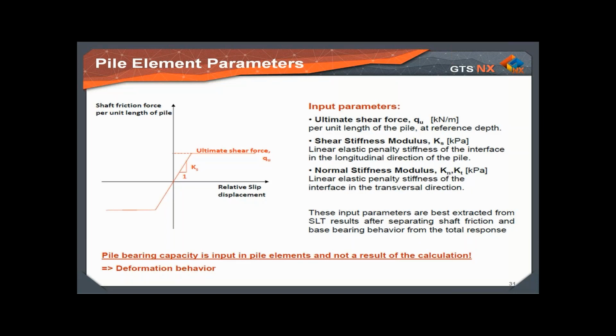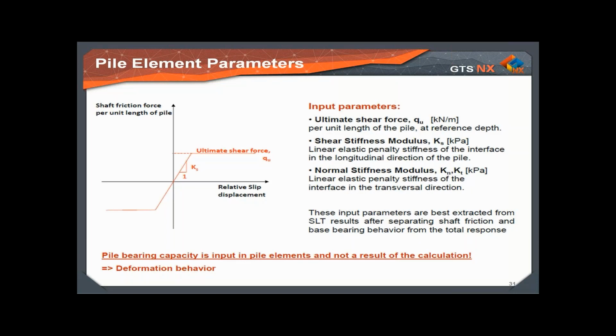Stiffnesses are actually linear elastic penalty stiffnesses, so they can be assigned as a high value of stiffness, and you only need to ensure the elastic part. If we look here at the graph on the left side, which describes shaft friction force in relation to the relative slip displacement between the pile and the soil, we see this elastic part until we reach the ultimate shear force.